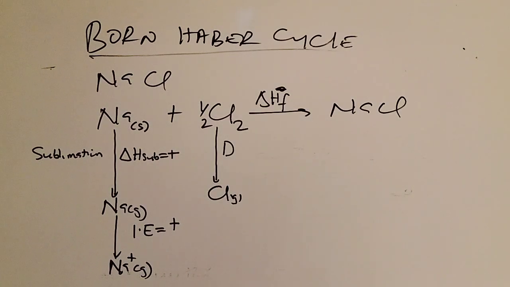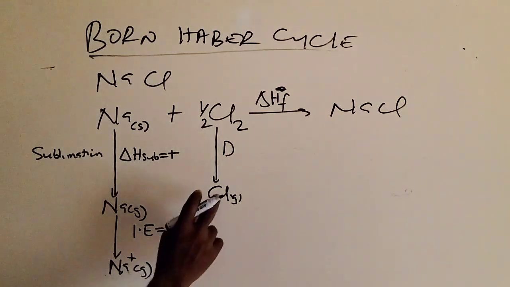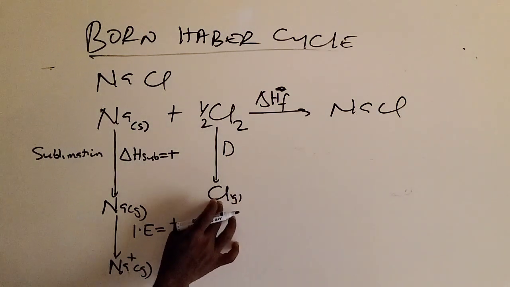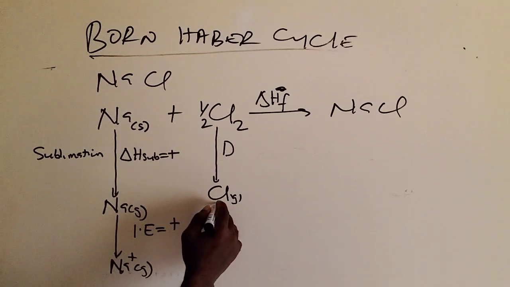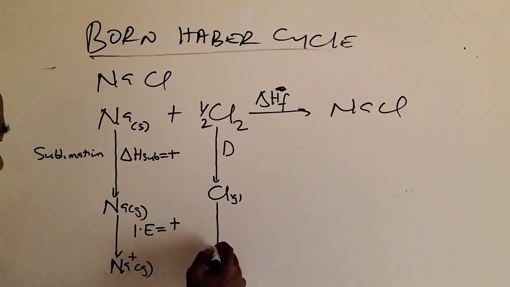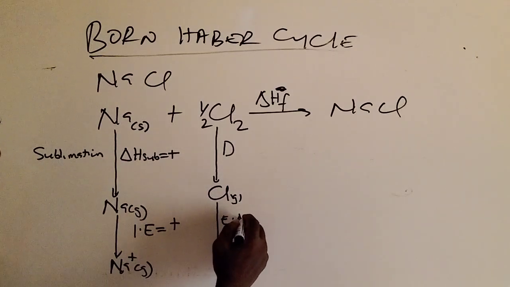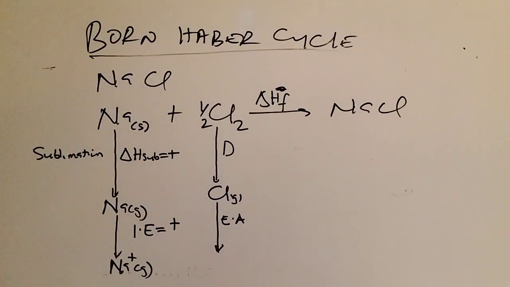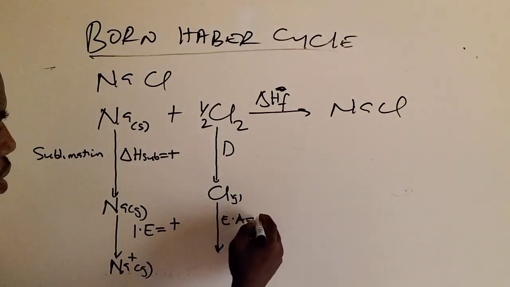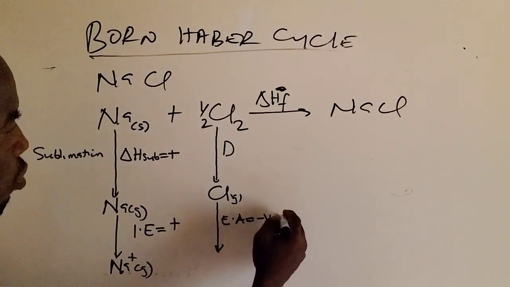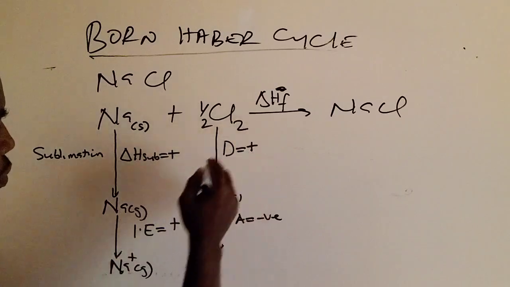Remember, when we did the bond properties of covalent molecules, we mentioned this dissociation energy, and we mentioned formation also. Then in the next step, the gaseous atom produced undergoes what is called electron affinity. Being a non-metal, it gains an electron, and the energy released is called electron affinity. So electron affinity is negative, while the energy of dissociation is positive.